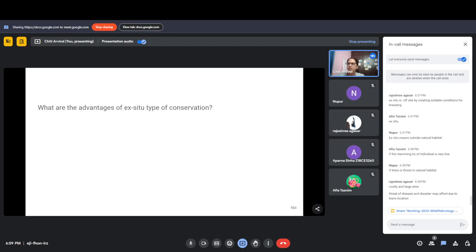What else? Threat of disease and disaster may affect due to translocation. Okay, correct. Right. So, what is all this pointing towards?